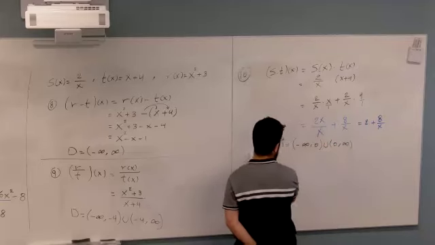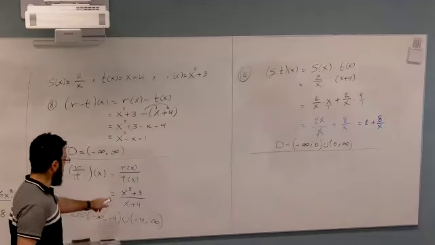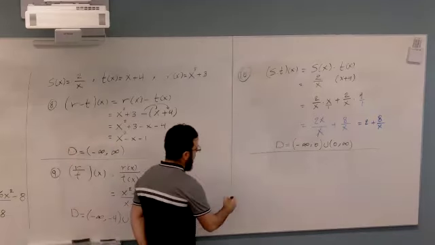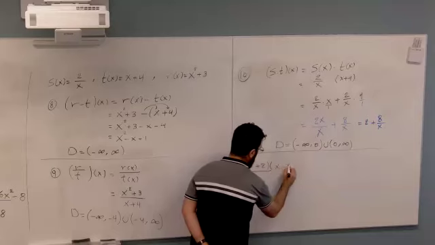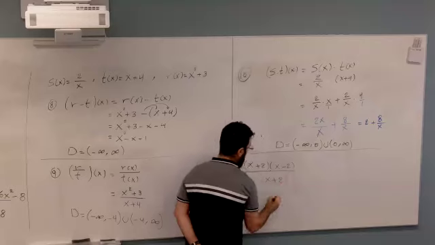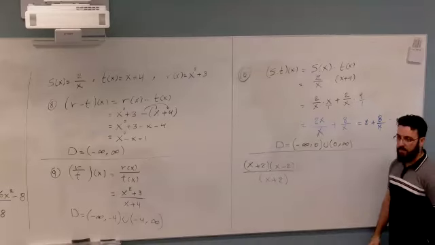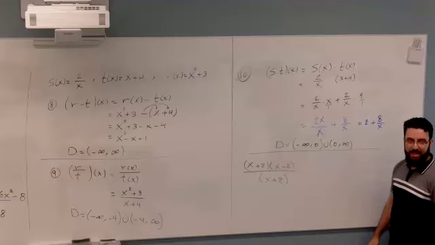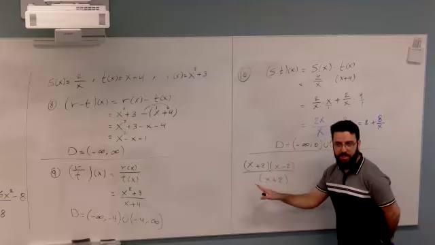Is that okay? Let's go back to this question here. x plus 2. I'm just going to give you an example. x minus 2 divided by x plus 2. Now, can I simplify this one? Why can I cancel this one with this one?